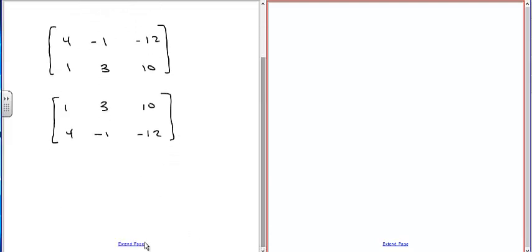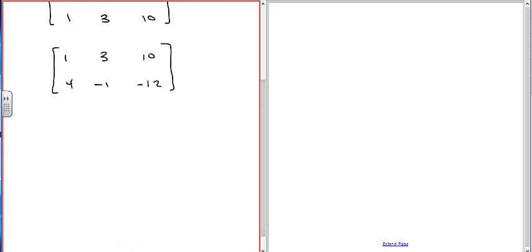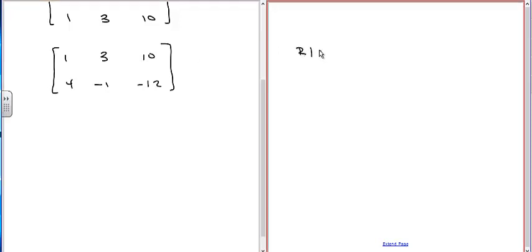Okay, the next thing, now that we have a 1 in that location here, we're going to take row 1 and multiply by negative 4. That's so when I add these two rows together, this row multiplied by negative 4 and this row together, I get a 0 in this location.